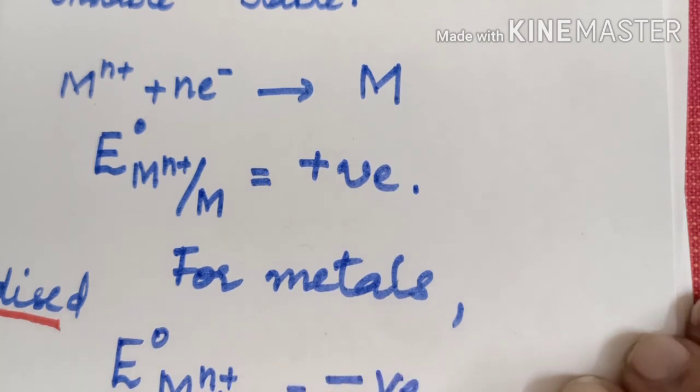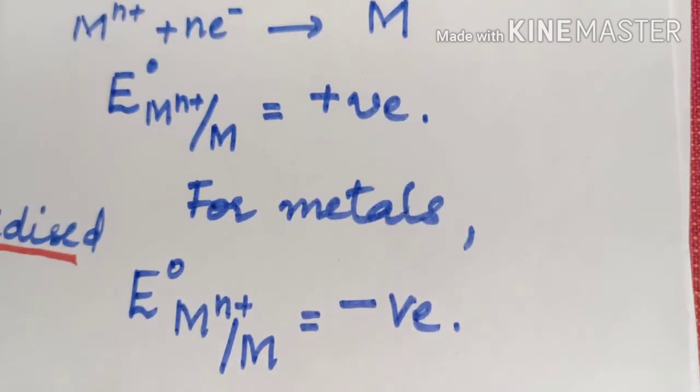That means we understand that the metals are always electropositive. They don't undergo reduction, instead they undergo oxidation. We have learned that a substance which undergoes oxidation can act as a reducing agent. So higher the negative reduction potential, more will be the reducing nature of the metal.